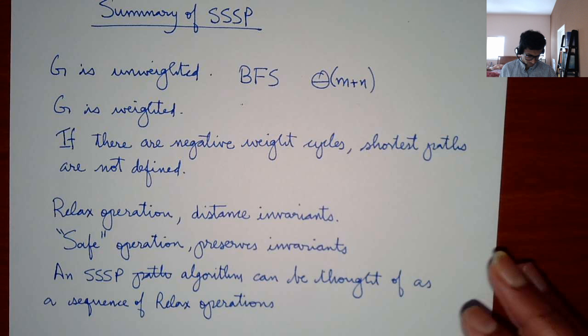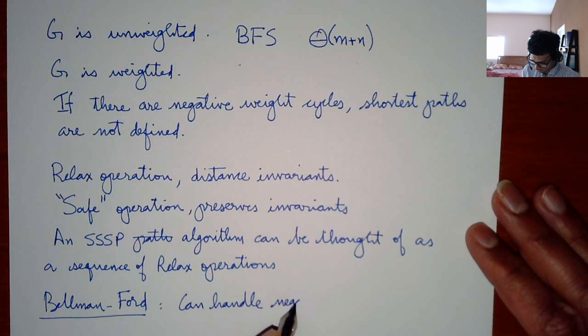And so now we have Bellman-Ford, which can handle negative weights, meaning that when shortest paths are defined, even though there are negative weights, Bellman-Ford will find the shortest paths.